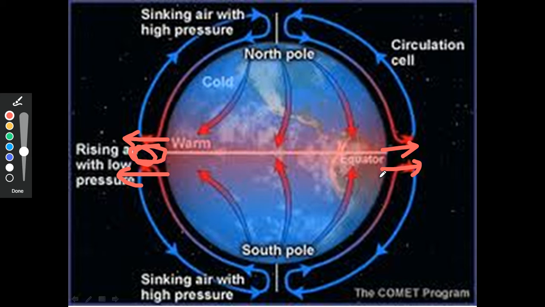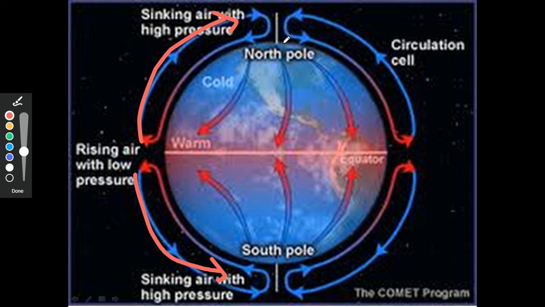And then it is going to travel to different places, and sometimes the air is going to go toward each pole. But the poles are very cold because they are not getting as much sunlight as other places. So this air cools down and sinks. And again, it starts traveling, so the air circulates. This is how the wind and the atmosphere move around.